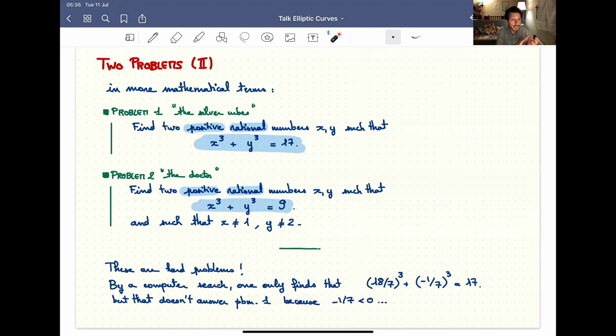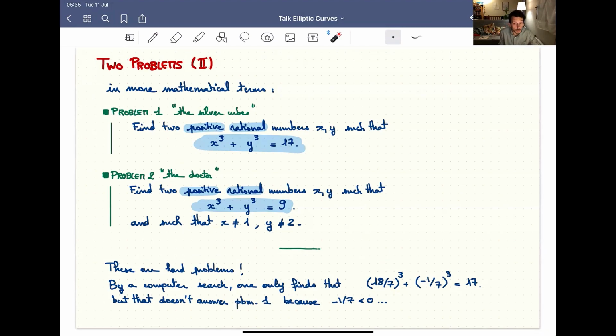So we want x and y to be different from 1 and 2. As I've mentioned, these are hard problems. If you think about it for some time, you might try to find small x and y. How would you go about trying to find one solution to this?